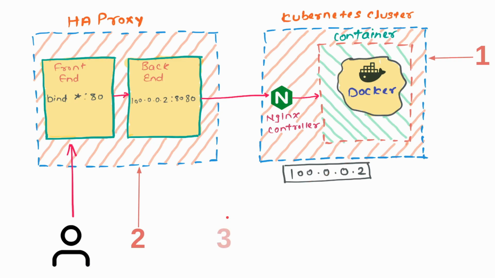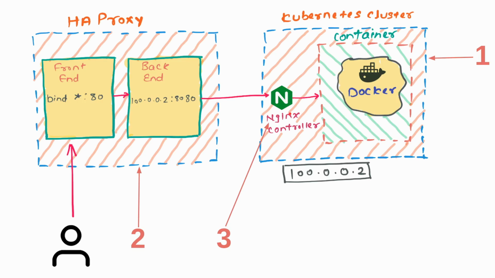Moving to step number 3, we need to set up the Nginx controller. As you can see in the diagram, the Nginx controller sits inside the Kubernetes cluster. That means you cannot access the Nginx controller directly, so there has to be a way. The way is that the HAProxy backend will be able to access our Nginx controller.